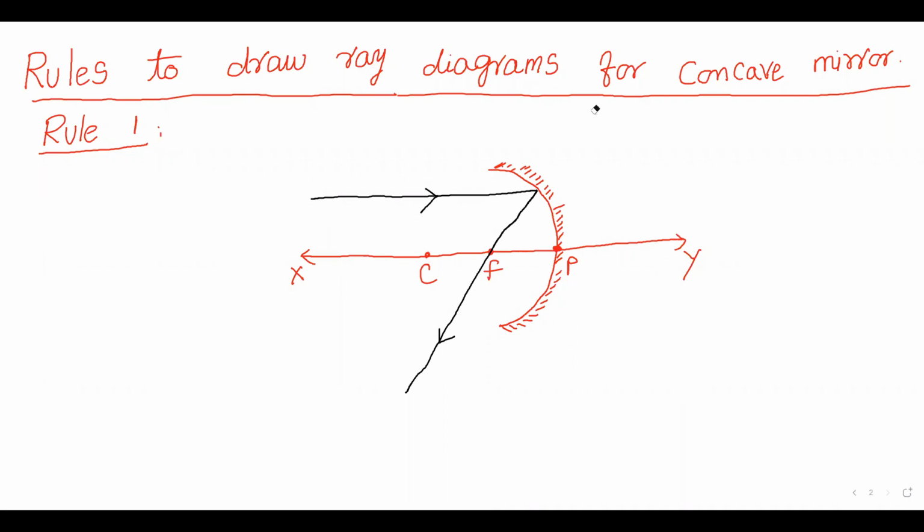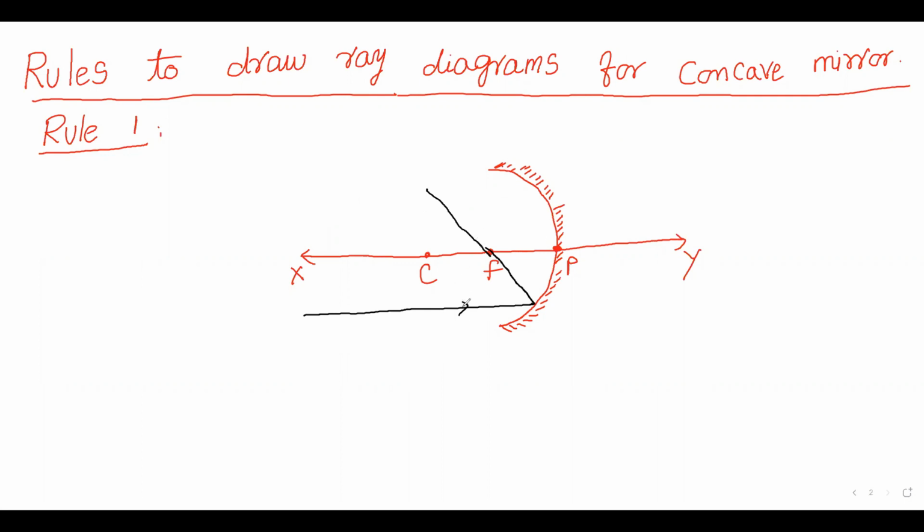The ray need not be coming from the top of the principal axis. From below the principal axis also, you can draw a ray of light parallel to principal axis. After reflection, it will definitely pass through the focus. You can even draw the diagram like this.